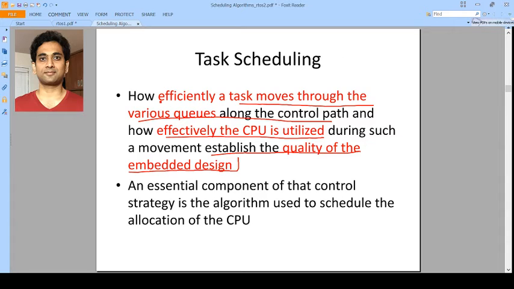Now, when we are using different scheduling algorithms, different scheduling mechanisms, an essential component of that scheduling strategy is to schedule in such a way that the CPU is busy most of the time. We want to minimize the CPU idle time.